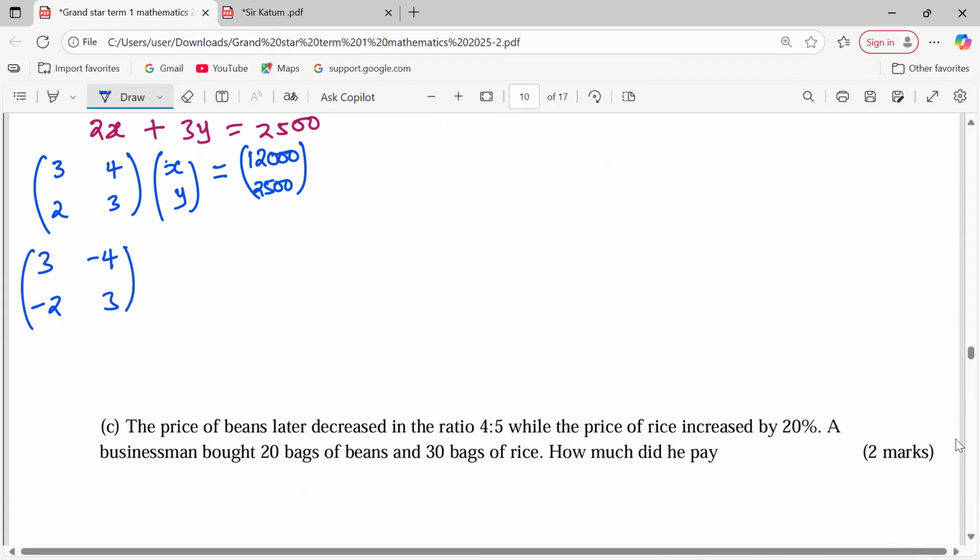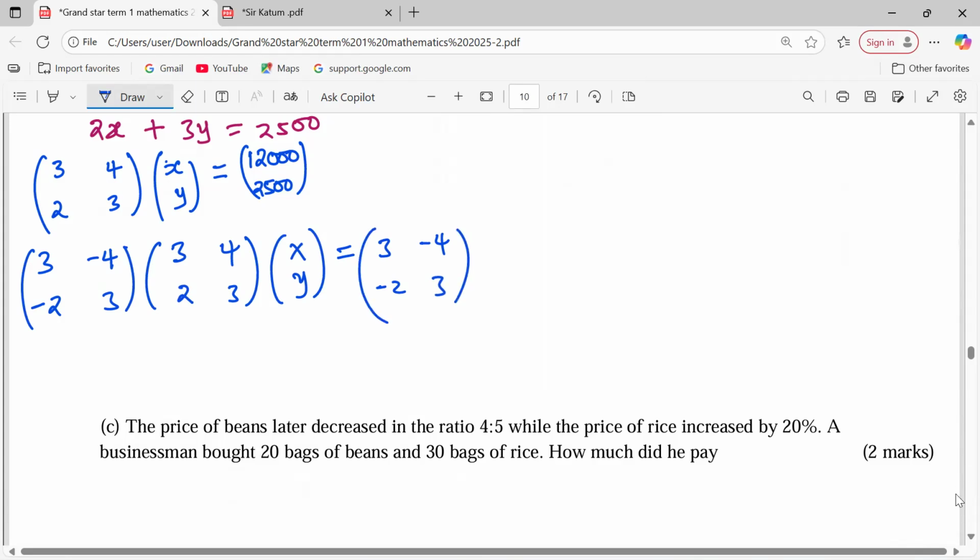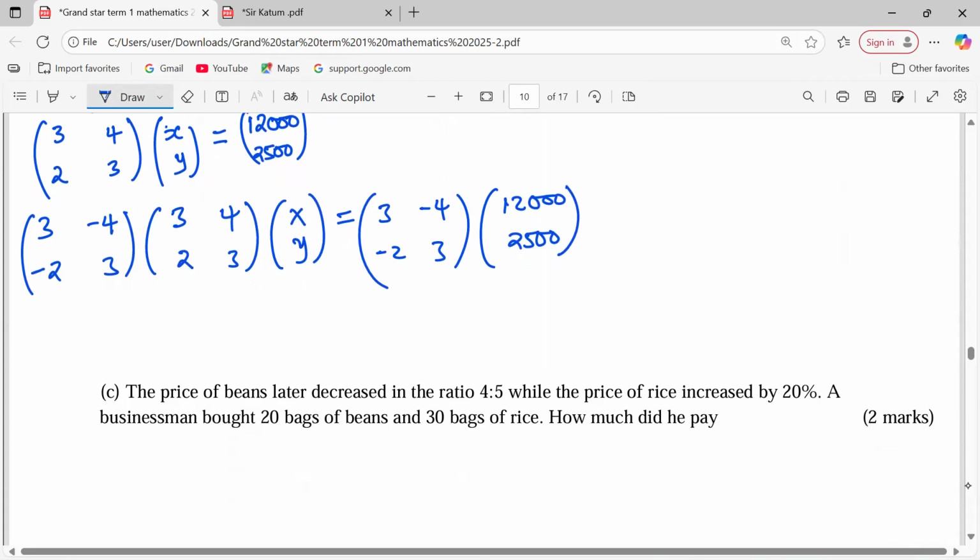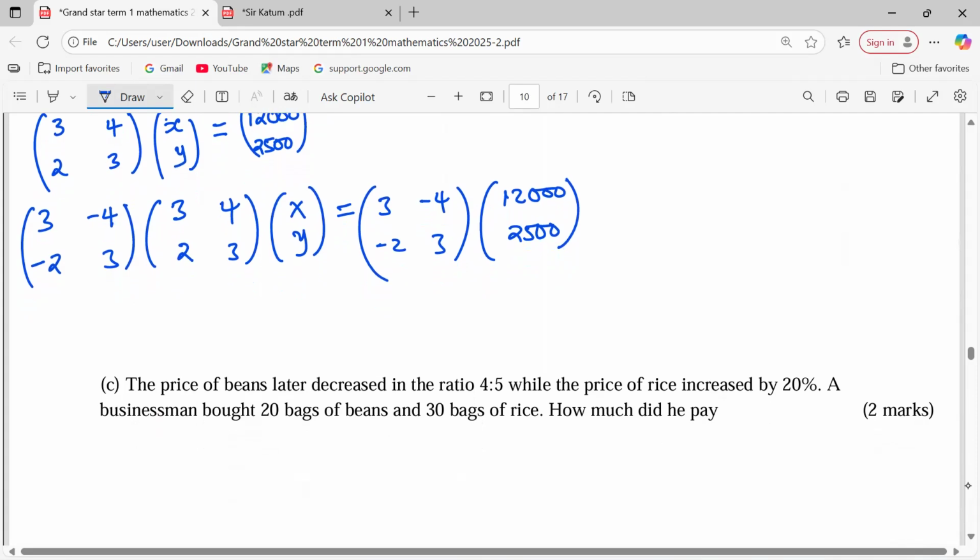Then we multiply this side. This is equal to 3, -4, -2, 3 times 1200, 2500, like that. Looking at this now, you discover that we've pre-multiplied both sides of the matrix equation by the inverse of the coefficients matrix.